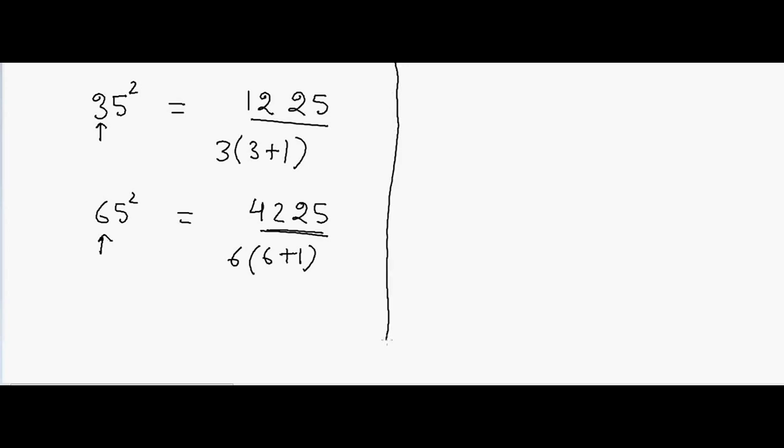Suppose we have any number which ends with 5. That number can be written as 10 into x plus 5. Here, if x is equal to 3, then this number will be equal to 35, right? Suppose we have 10x plus 5 and we want to square it.